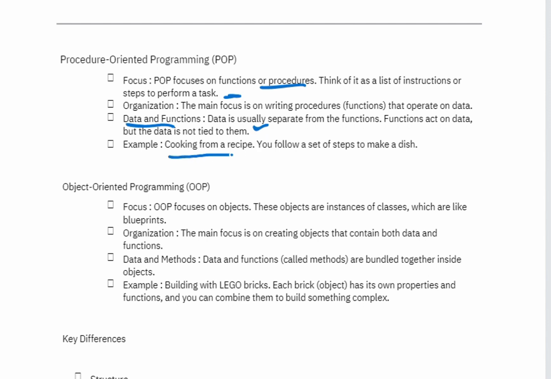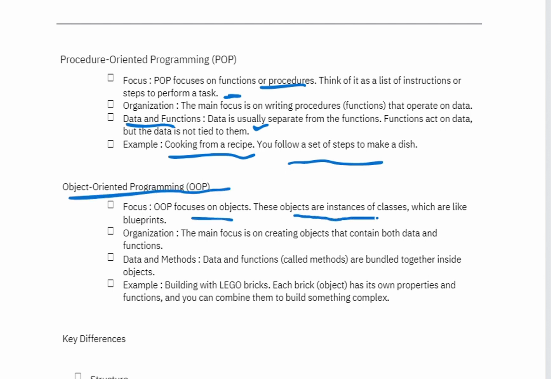Example: cooking from a recipe, right? So here, the same recipe can be used to make different dishes. The recipe is what? Steps to follow. Whereas in object-oriented programming, the focus is on objects.